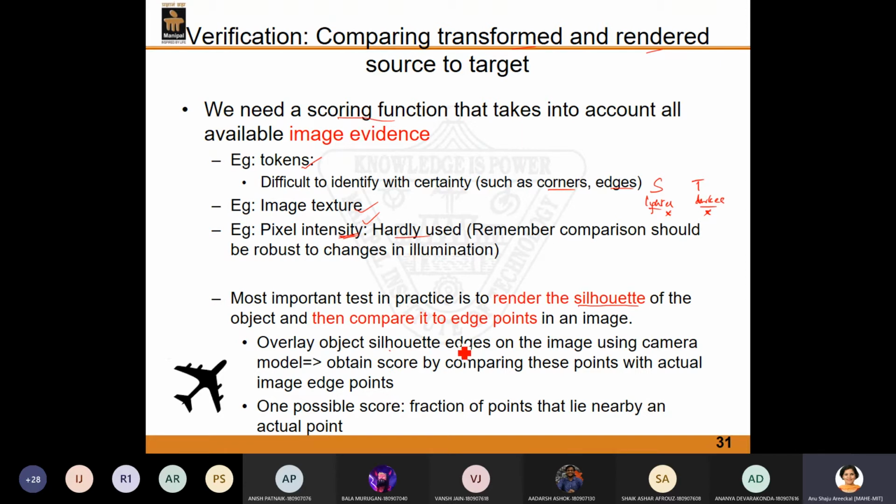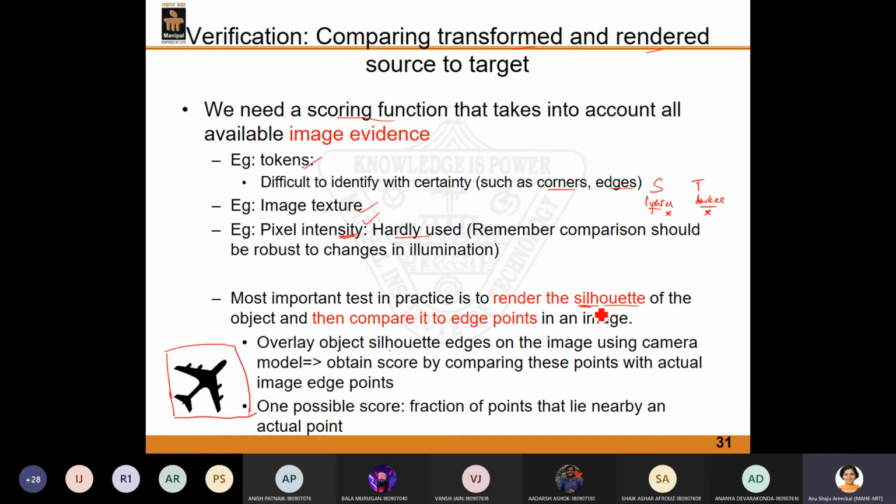So what that means is we remove whatever intensity is present. Let's take, for example, this particular image. In this image, it is an image of an aeroplane, and let's say it did have some appearance. So there were some colors, or some variations of grayscale. Let's assume this was the image that we have.